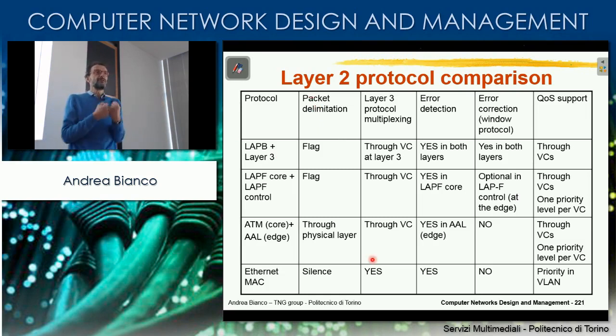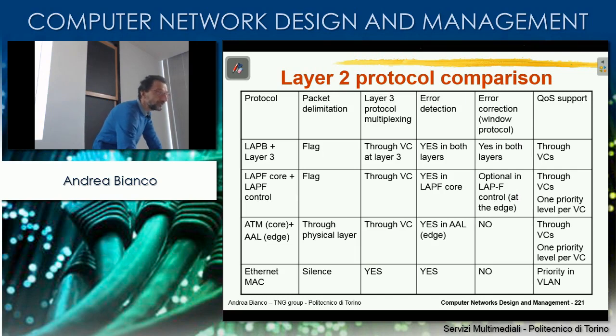It means carrying information about which layer 3 is using this layer 2, in order to give it to the proper protocol layer at the receiving end. Okay? You have IP here, you will always find IP in these fields. But you may have other routing protocols that you may run. Okay? Today it's not so popular. 10 or 15 years ago it was more popular. So this is how you do layer 3 protocol multiplexing.